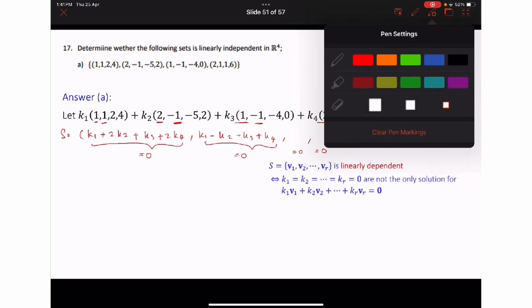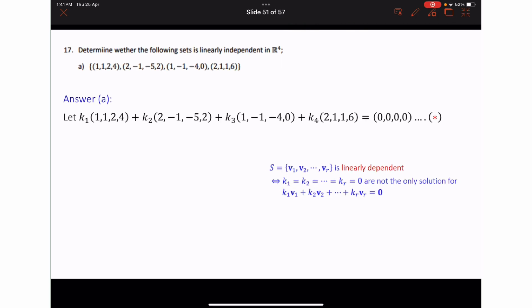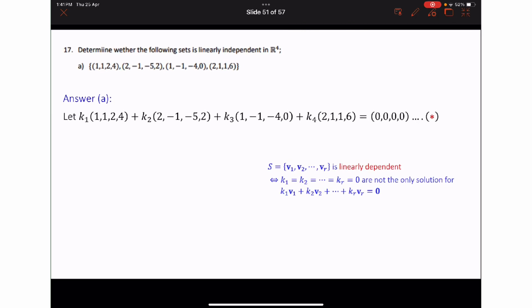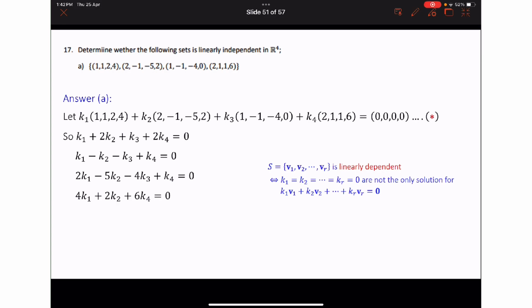Therefore, we have this equation, from the first and second component, the third component and fourth component. Remember that we are finding the possible values for K1, K2, K3 and K4.